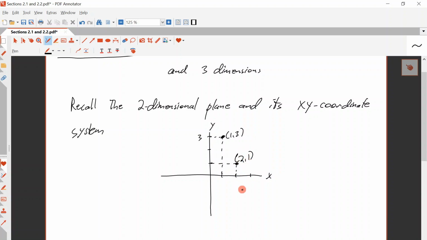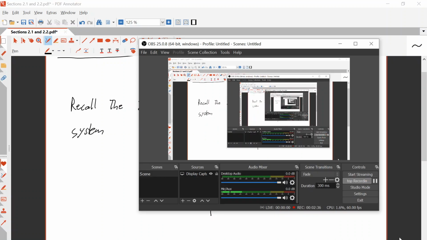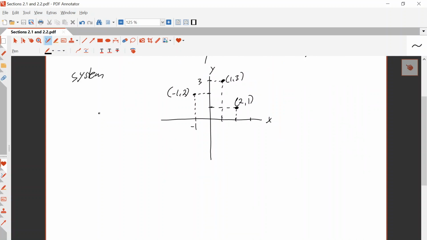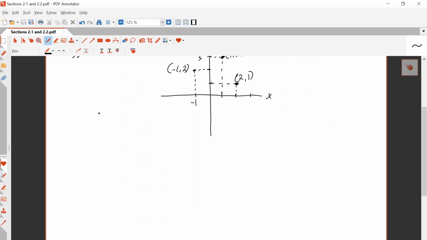That's 2 on the x-axis, 1 on the y-axis, and you get this point in 2-dimensional space. And of course, you also have these negative points as well. So -1, 2, so on and so forth. Okay, so that is the coordinate system in the 2-dimensional plane that you've been accustomed to for many years now.